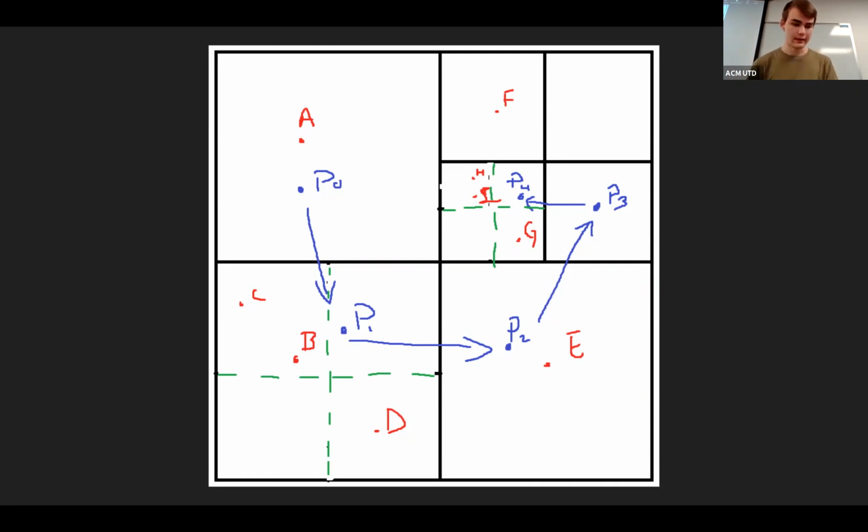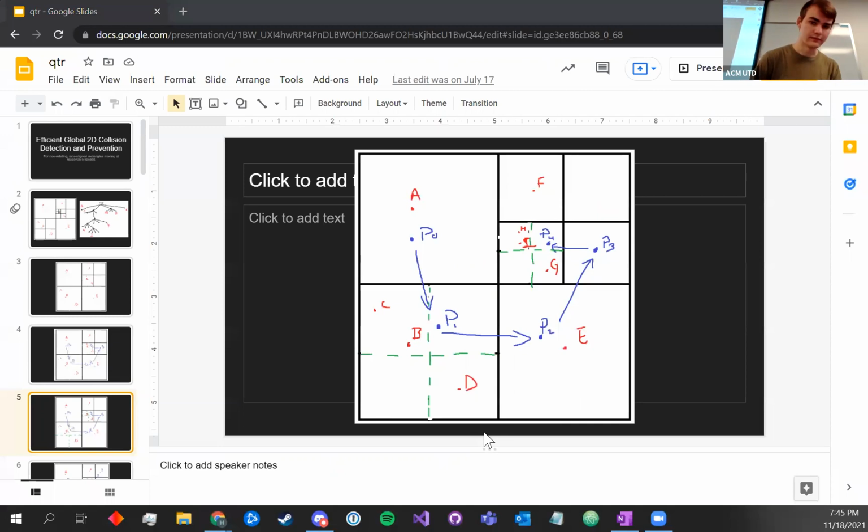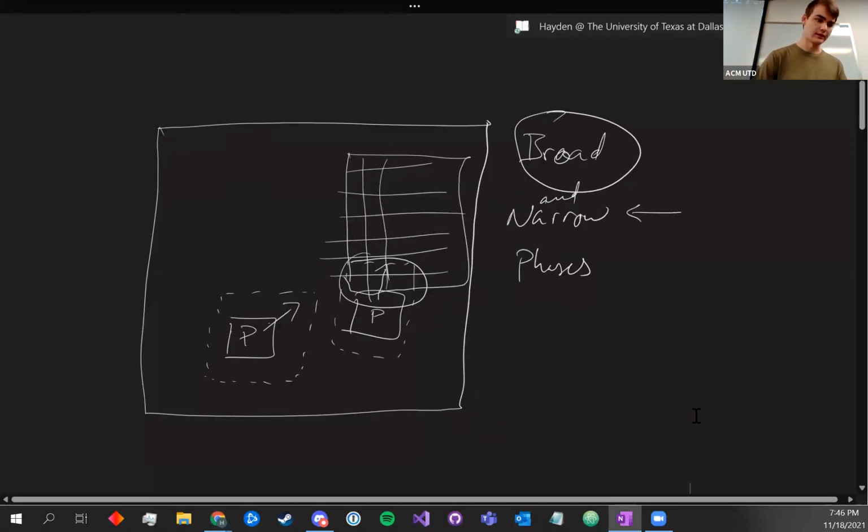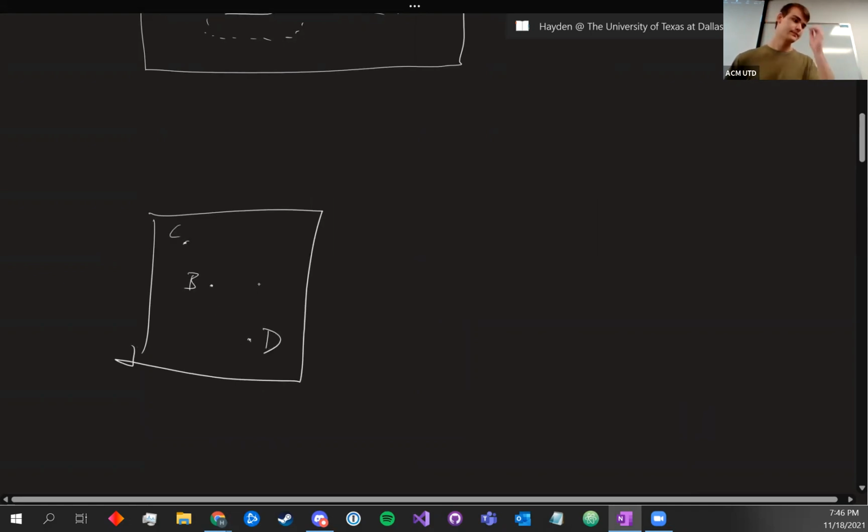And now I will give you an expansion on that illustration, a somewhat different case. So I'll zoom in on that bottom left quadrant. We have C, B, D, and let's say we have some other points in here. So this is already subdivided like that.